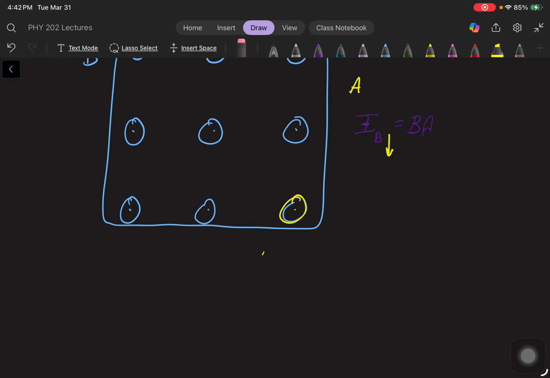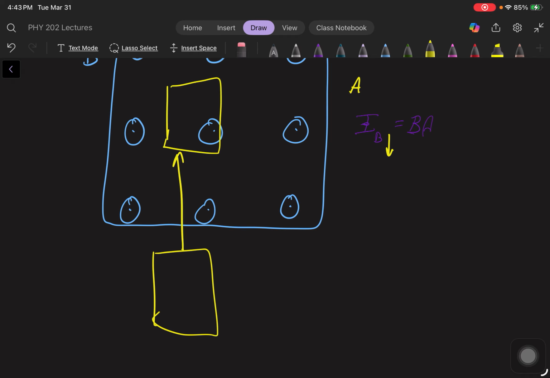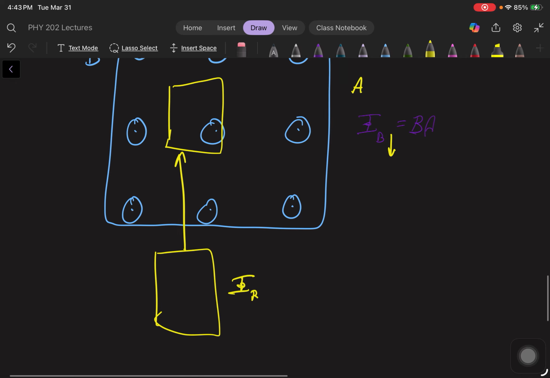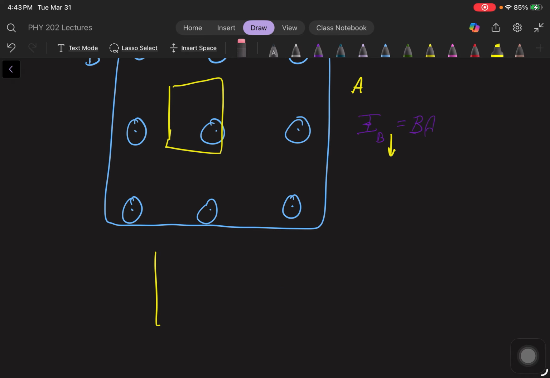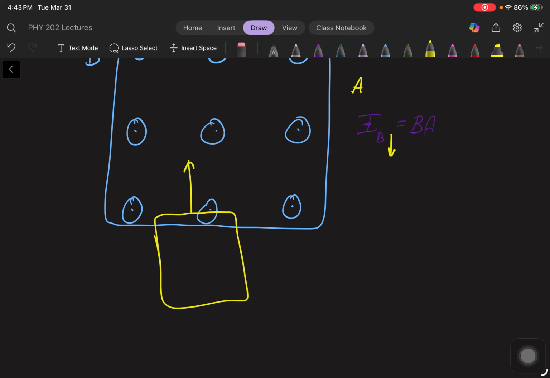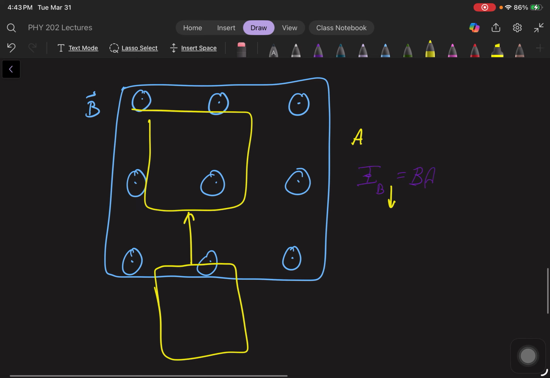Cool. And so let's do that, but backwards. Let's reverse that whole problem. And so now let's say we start with the loop outside of the field, and we're going to push it into the field. Well, so initially, we have no flux. Or if you want, we could have a little flux. And so let's say we have a little bit of flux at first, and then we're going to push this into our external field, and now the whole thing is full of flux.